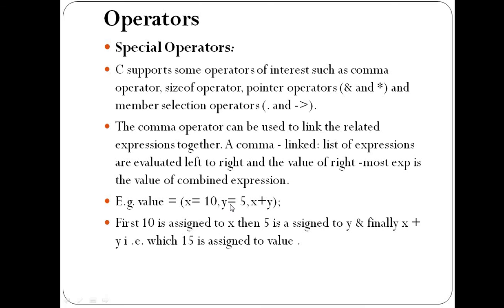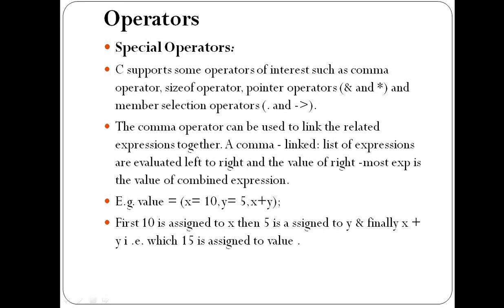So for example, value = (x = 10, y = 5, x + y). So first 10 is assigned to x, then 5 is assigned to y, and finally x plus y, that is 15, is assigned to value.